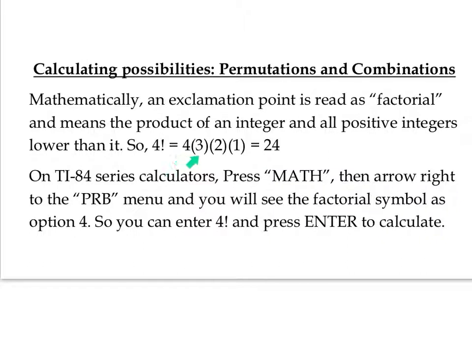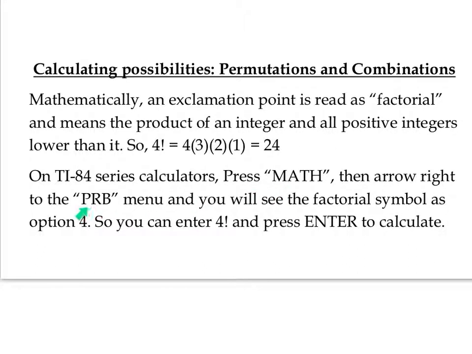That one wouldn't be too hard to calculate by hand, but we do have a way to calculate these on your calculator. There's a factorial option on there. If you had 19 factorial, you're not going to want to write out 19 times 18 times 17 times 16 all the way down to 1. On your calculator, press the math button, third one down on the left side. In the math menu, you'll see a couple different menus across the top.